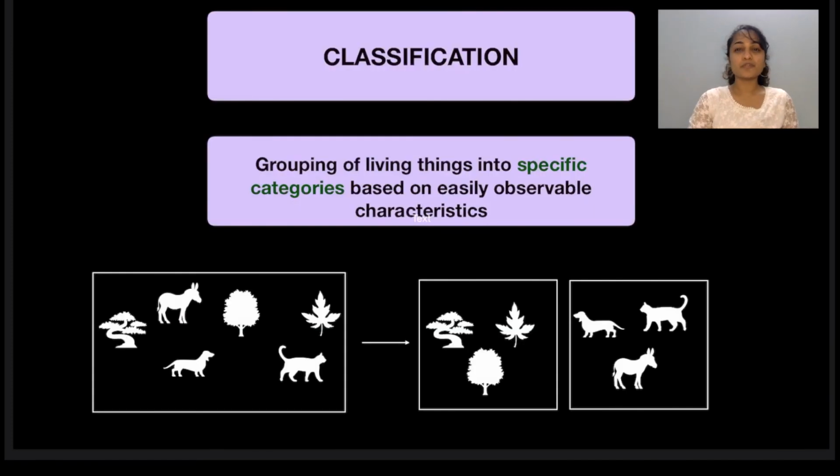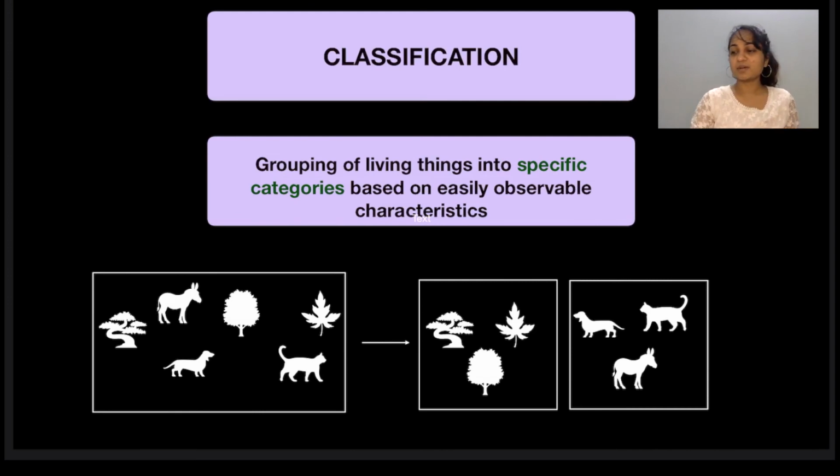We'll move on to the concept of classification. So what is classification in general terms? You have a spread of random objects and you group them together into categories, or you put some labels on them, based on some common characteristics.